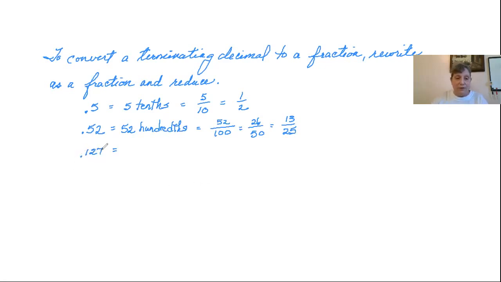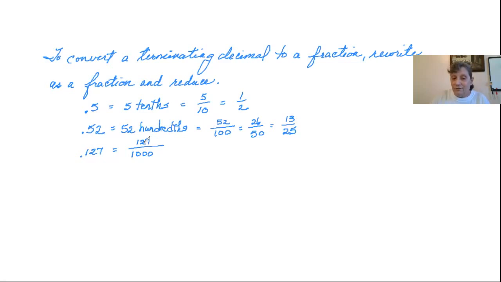And likewise, 0.127. Now you see the pattern is that you're going to have the same number of zeros as you have decimal places. So this would be 127 over a 1 followed by 3 zeros. And honestly, I don't think that's going to reduce at all. So that's done. 127 won't divide by 3, obviously won't divide by 2, won't divide by 5.